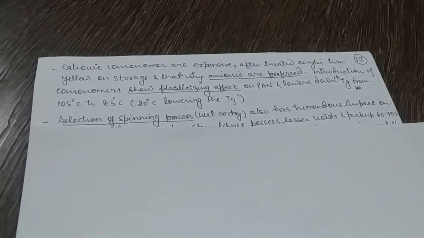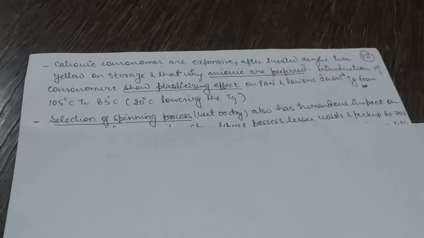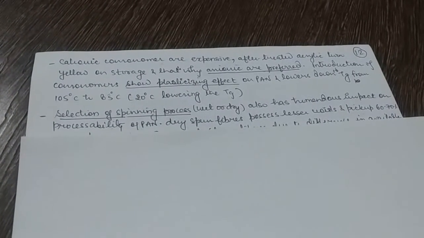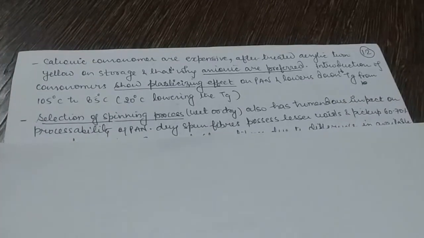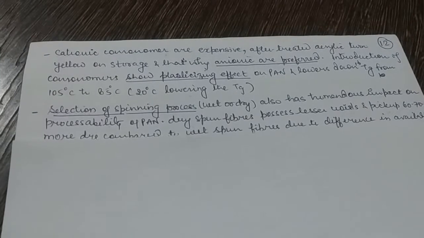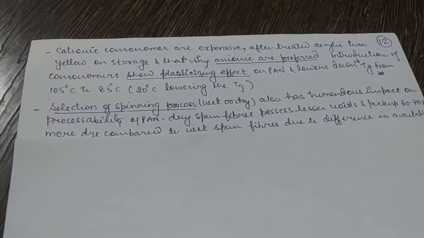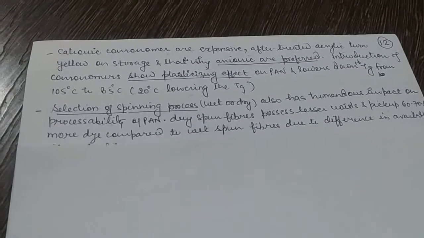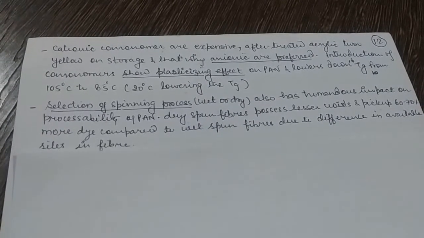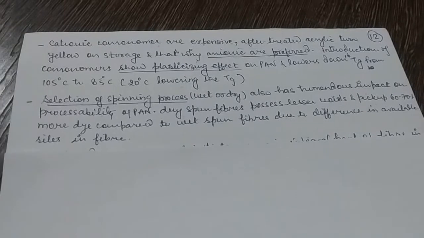Solution spinning has a tremendous impact on the processability of polyacrylonitrile fiber. Dry spun fibers possess fewer voids and pick up 60 to 70% more dye compared to wet spun fiber due to the difference in available sites in the fiber structure.